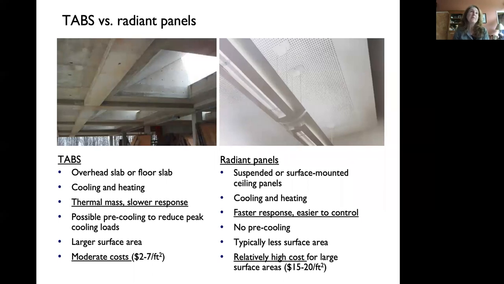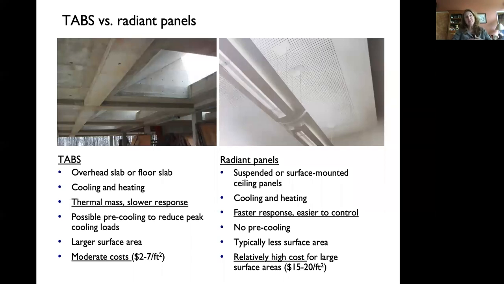So the TABs versus radiant panels. This is the heavy mass versus no mass. The heavy mass systems, the thermally activated systems, are integrated into the slabs, either from the ceiling or from the floor. Both of these systems provide heating and cooling.